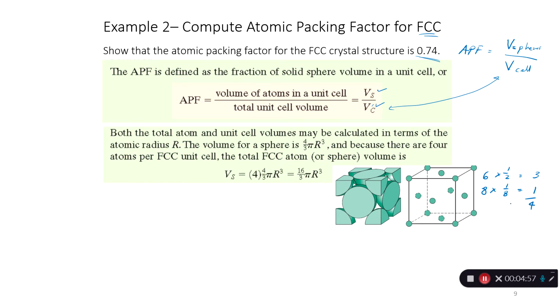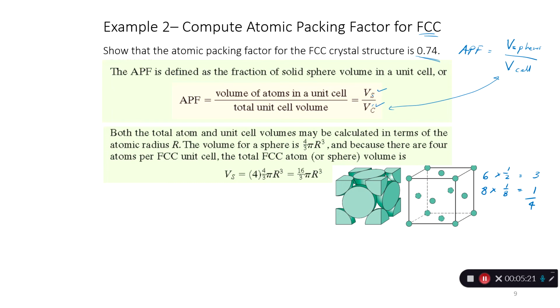So we need to calculate the volume of all these 4 atoms. For one sphere, the formula is 4 over 3 pi r cubed. This is well known, I hope all of you know this. That's for one atom, so times 4, we get the volume of all the atoms in this FCC.